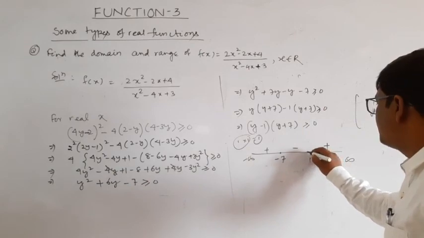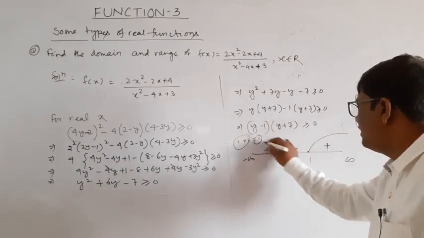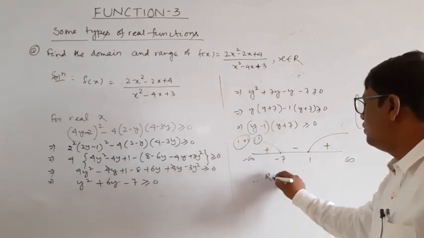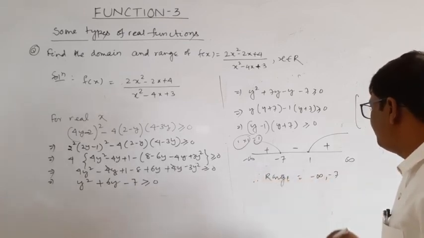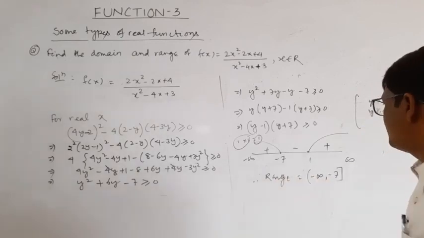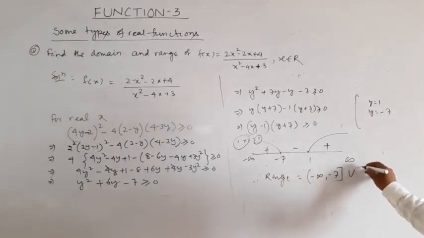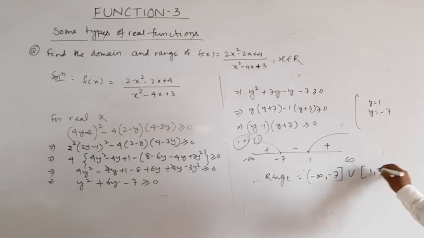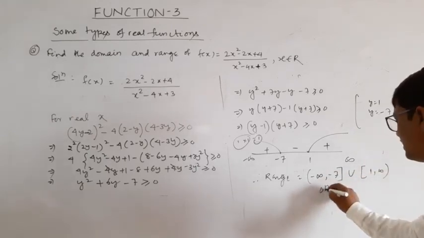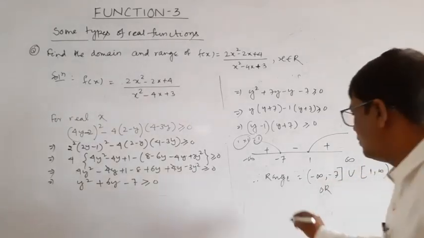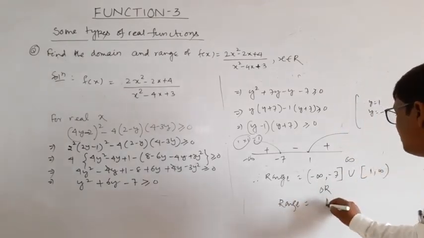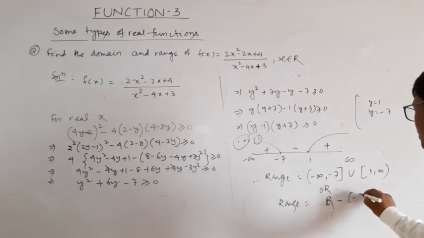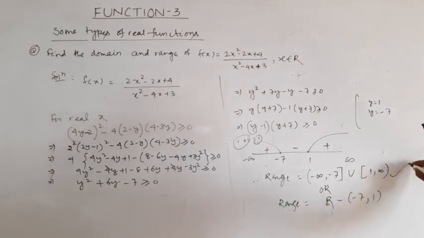So this is the range. Therefore range is equal to minus infinity to minus 7, square bracket, union 1 to infinity, square bracket. Or you can write range is equal to the set of real numbers minus the interval open minus 7 comma 1. Both answers are equivalent to each other.